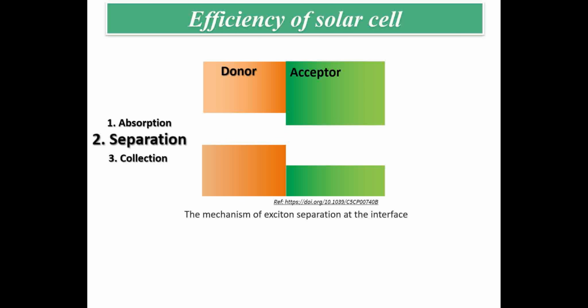Whenever this exciton, the bound electron hole pair, comes into the vicinity of the junction, electron and hole get separated due to this excess energy. So this is acting as a separator. This mechanism you can find in perovskite solar cells or in organic solar cells.